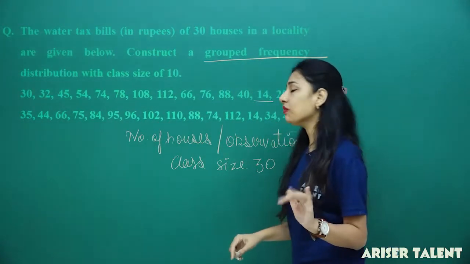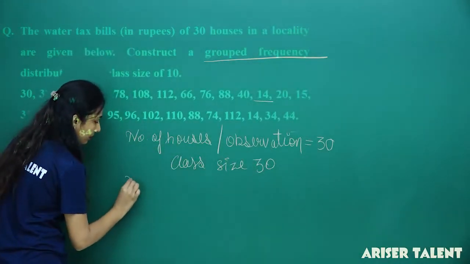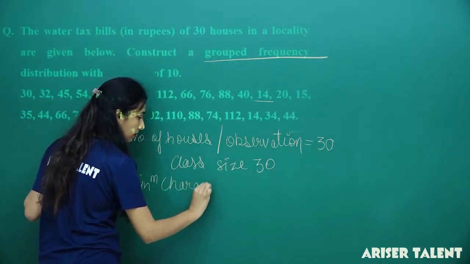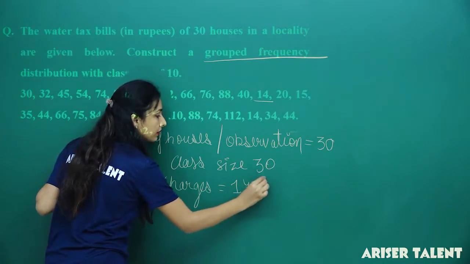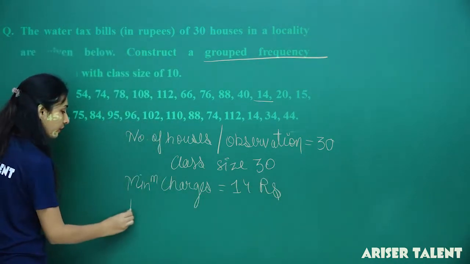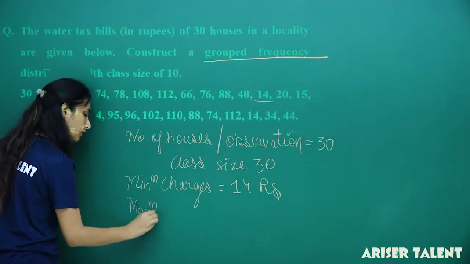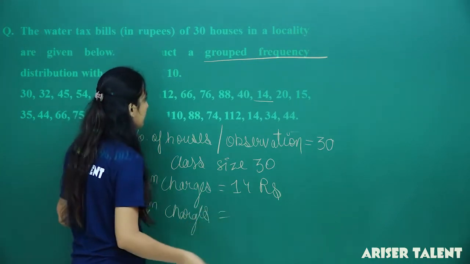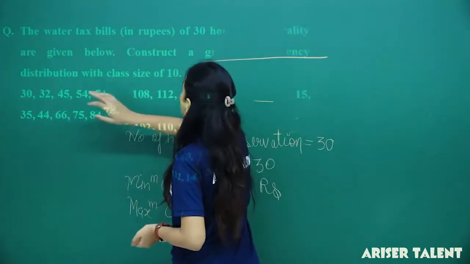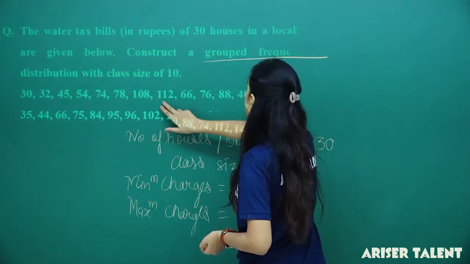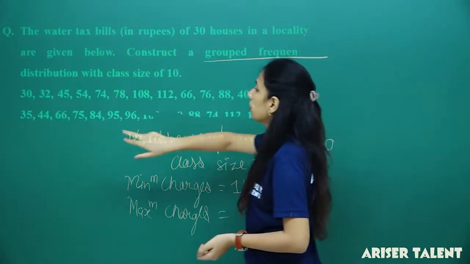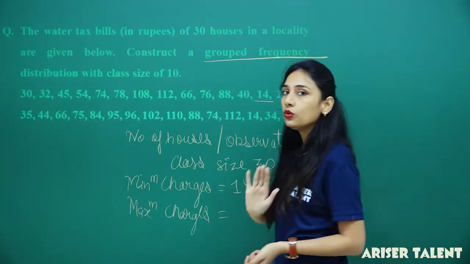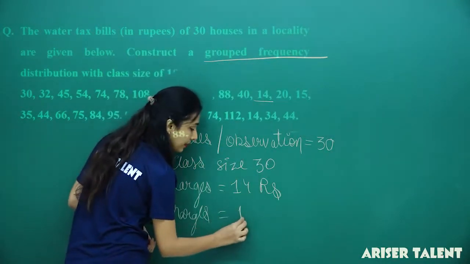So actually the minimum value, the minimum charges, equals 14 rupees. Now if I have talked about the minimum, I must talk about the maximum charges. So maximum charges, okay, let us check. 108, 112. So 112 is greater. Okay, so 112 is the maximum charge. So I'll write this 112.